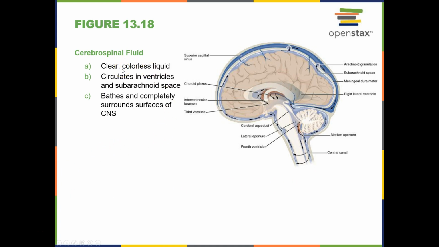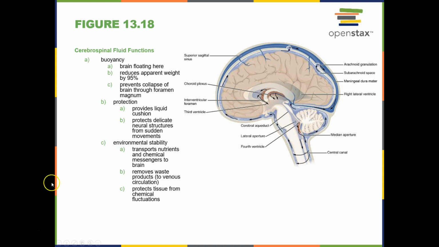So cerebrospinal fluid, or CSF, in a nutshell, is a colorless fluid that is formed by the ependymal cells, and it has three major functions. It helps to protect the brain, keep it buoyant in that cranial cavity, keep the brain from hitting the cranial walls, and helps to maintain the electrical balance of the brain.